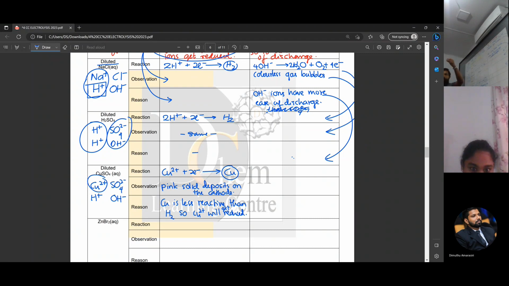Pink solid deposited. And the hydroxide ions will go the same way. You get oxygen. Same observation and same reason: the hydroxide ions, colorless gas bubbles, right?